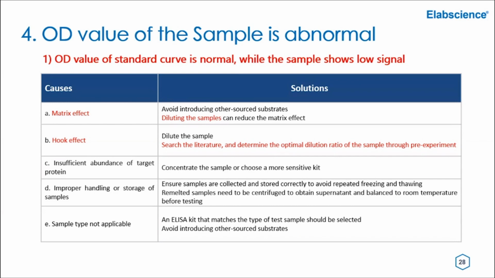We suggest you search the literature in advance and then make a pretest to determine a suitable dilution ratio for your samples. In our ELISA kit instructions, it suggests dilution factors for some sample types. You can also contact our technical supporting team for the recommended dilution factor for your own samples.